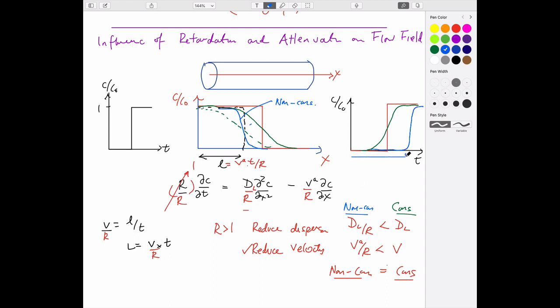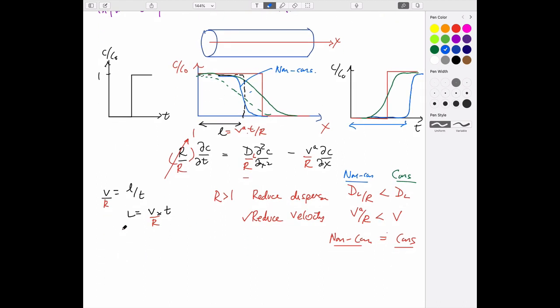So yeah, I guess it's worthwhile doing, right? So the equivalent of this equation, so this is the equation we're using. You could argue that we're using it incorrectly from what we talked about before about whether it really represents this differential equation, but let's ignore that for the moment. It gives us the length that it's traveled, and I suppose the time for arrival, if we do this, would be time is equal to length times retardation over velocity.